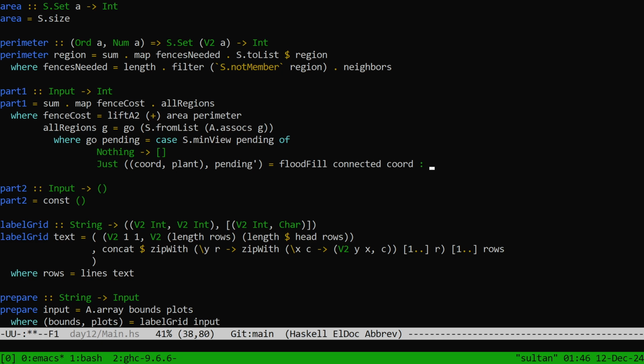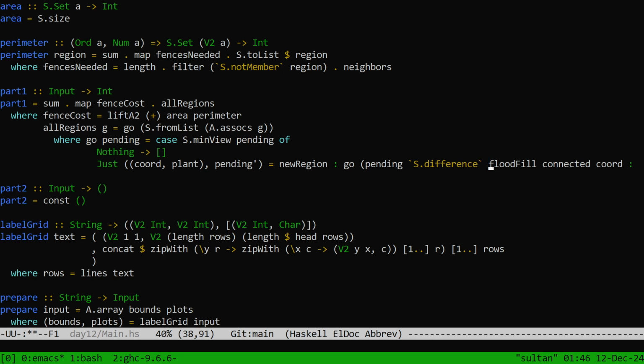Cons to, actually, we can't quite do that. New region, cons to go of pending difference.